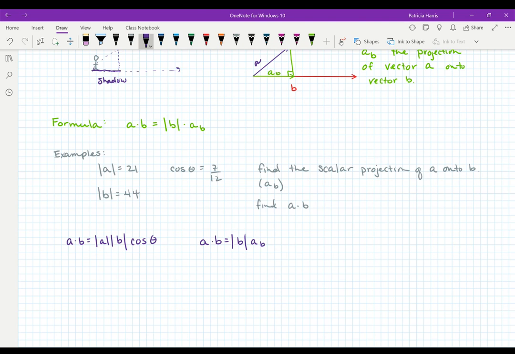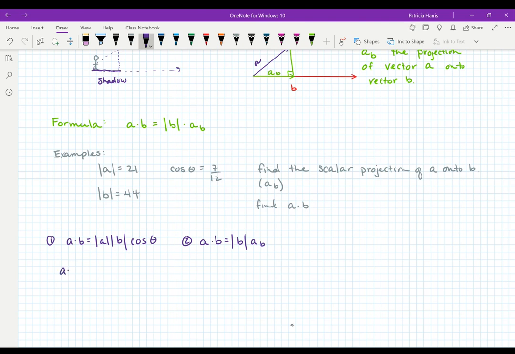Okay, so this is a little weird because this question kind of asks you things in the reverse order in which you need to find them. Okay, so you actually need to find A dot B first, and then you can find the scalar projection of A onto B. Okay, so here we go. We're going to use this formula first and this formula second.